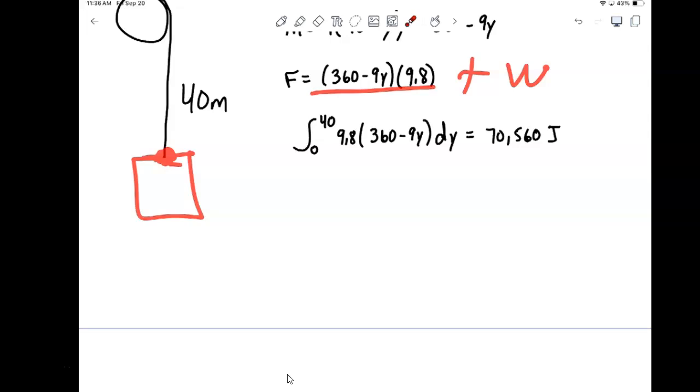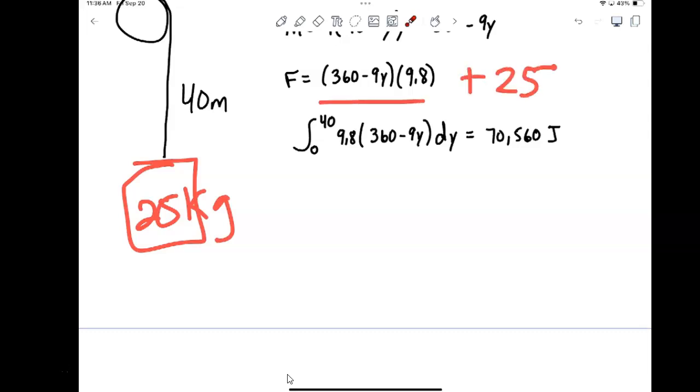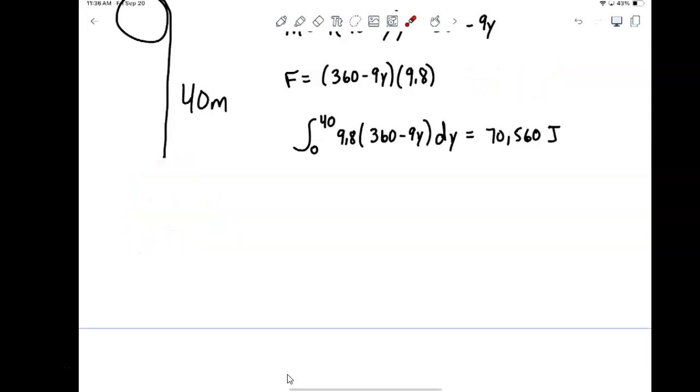That'll be our force function. Then we can again evaluate our integral of the new function. So if we were lifting, for example, a 25 kilogram weight, then our force function would be this piece plus the constant 25 kilograms of weight. So again, you're going to run into something similar to that in the homework.